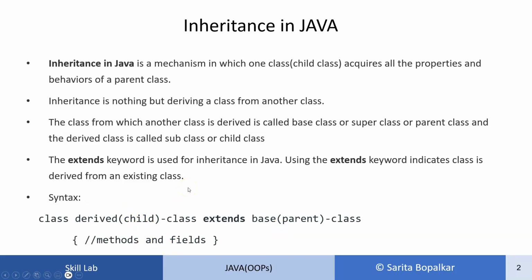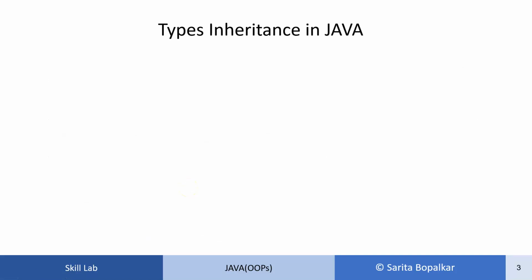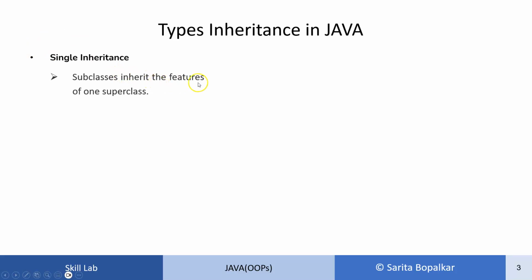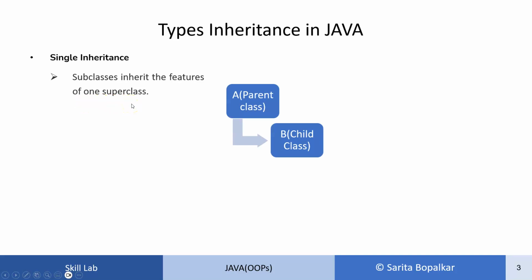Now let's see the example so that you can understand this concept. But before that, what are the types of inheritance? Single inheritance. A subclass inherits the features from one superclass. Suppose this is a class A. It has some variables and methods, properties and behaviors.